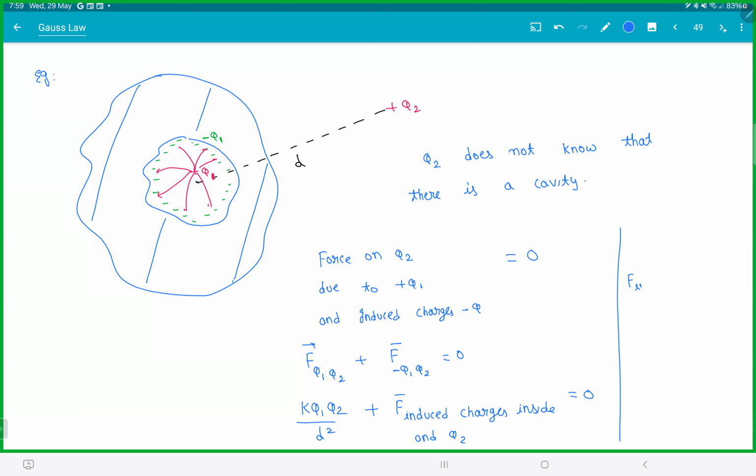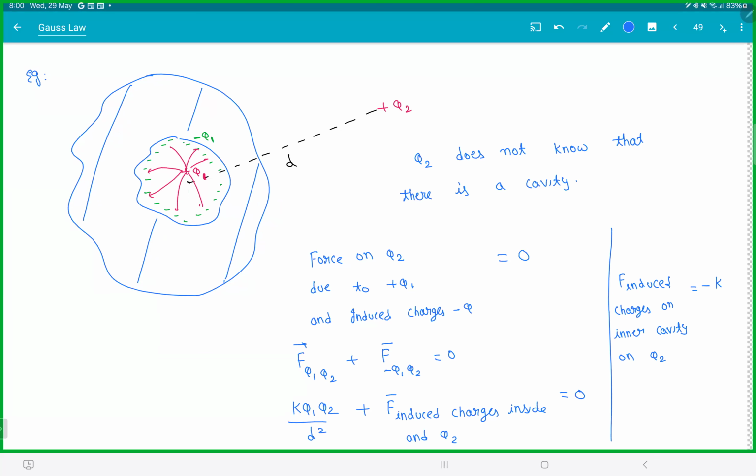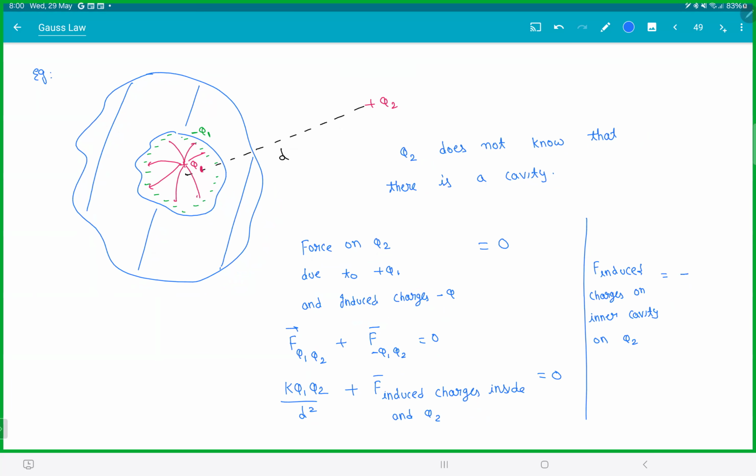So we get the force due to the induced charges on the inner cavity on Q2 is minus K Q1 Q2 by d square.